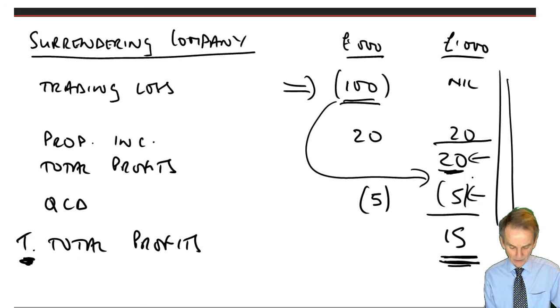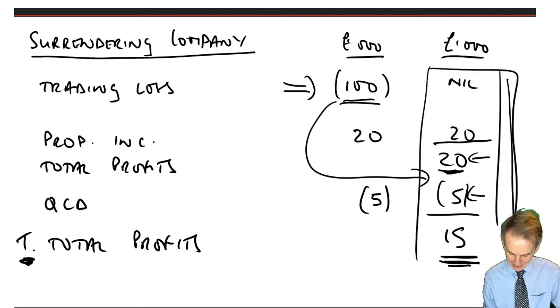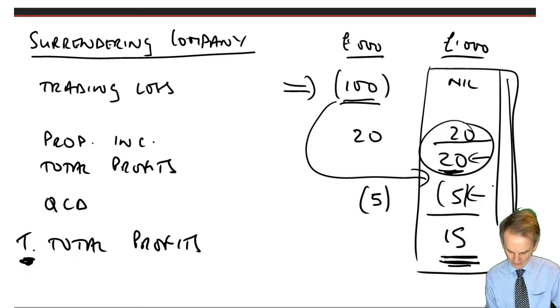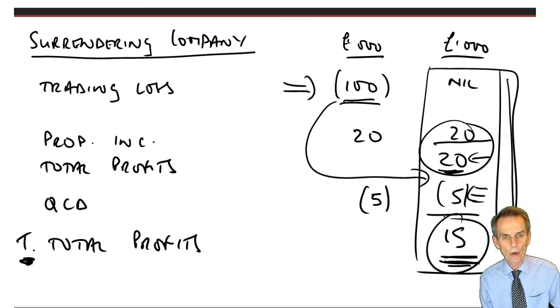That therefore would leave nothing to deduct the £5,000 of donations from. Now you may be thinking, well, that won't matter because then it's excess and that means that we can group relieve. No, you can't. There are no excess qualifying charitable donations here because looking at the corporate tax computation prior to any loss relief, we had 20,000 total profit, 5,000 donations, TTP of 15. There were no excess qualifying charitable donations.